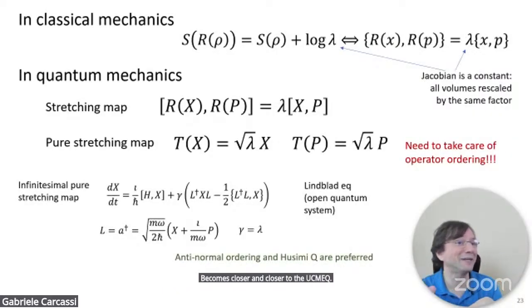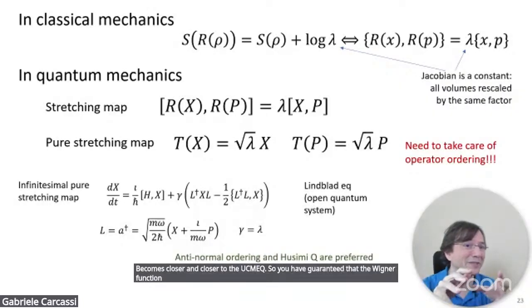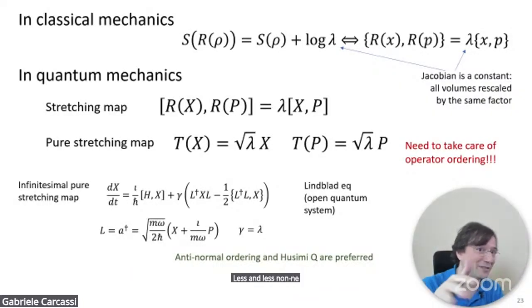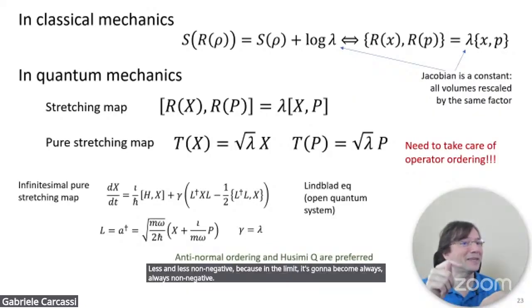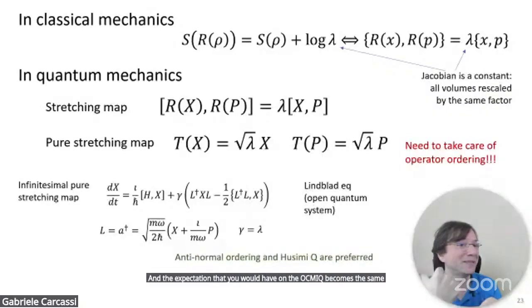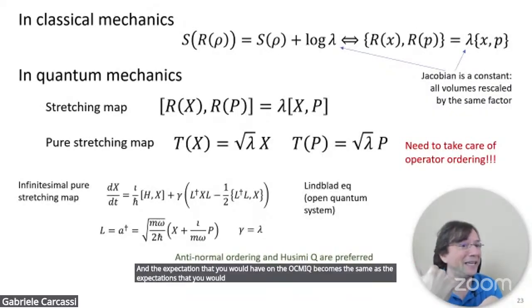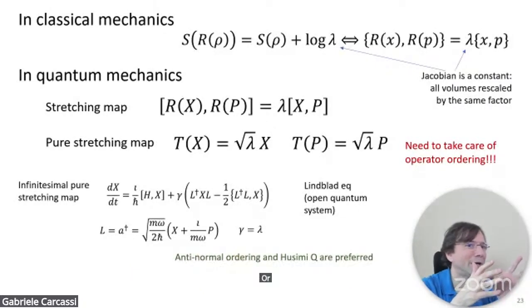So you have guaranteed that the Wigner function becomes less and less negative, because in the limit it's going to become always non-negative. And the expectation that you would have on the Husimi Q becomes the same as the expectations that you would have in the Wigner functions, which means that if you now take the expectation in symmetric order or anti-normal order, it becomes the same.